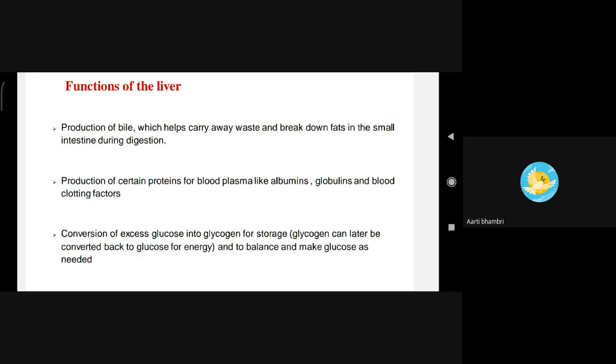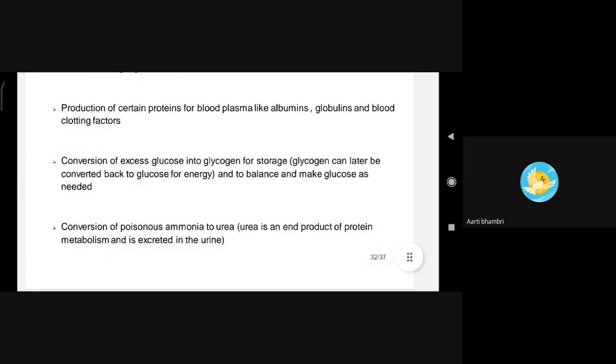When you study diet and nutrition, you will learn there that glucose is stored in the form of glycogen, and it is stored in the liver only. And when we need glucose, this stored glycogen is again transformed into glucose, and then we use it. It is stored there to balance and make glucose available as needed, and when we need, we can use that glycogen by converting it into glucose.